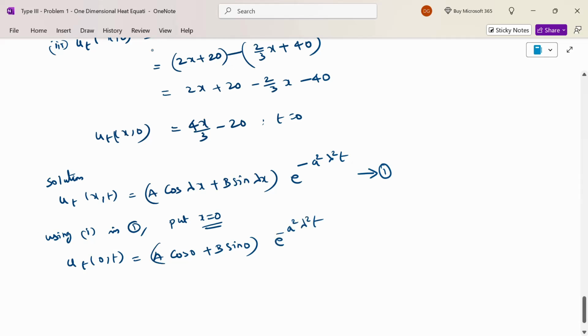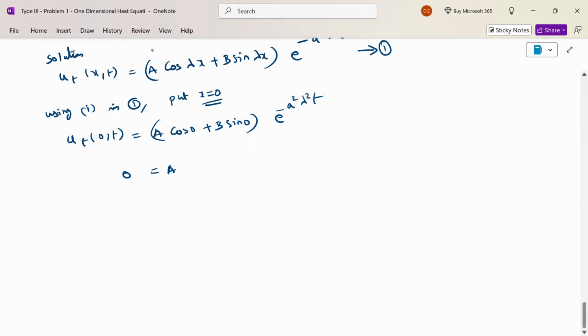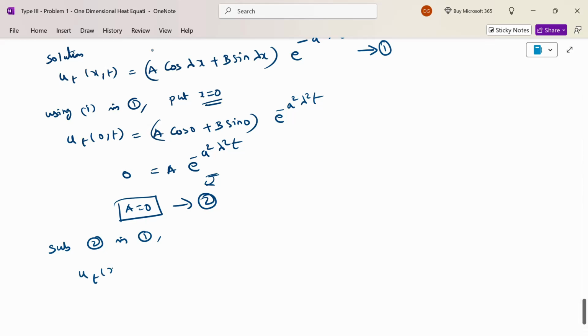The u_t of 0 comma t, the first boundary condition value, is 0. The exponential is a non-zero value, so A equals 0. Now this is the second equation. Substitute the second equation in the previous equation 1. Therefore u_t of x comma t equals B sin lambda x e power minus a square lambda square t. This is equation number 3.